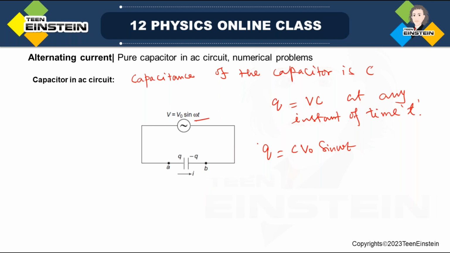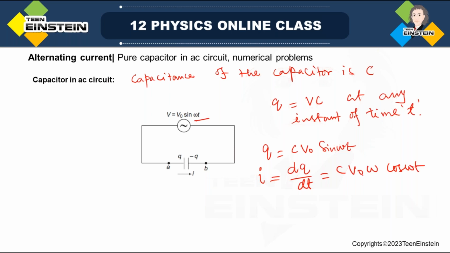Now I need to find out the current through this circuit. So how to find out? In the figure it is written I. So this I is equal to dq by dt. Then C V0 omega cos of omega t. Okay.